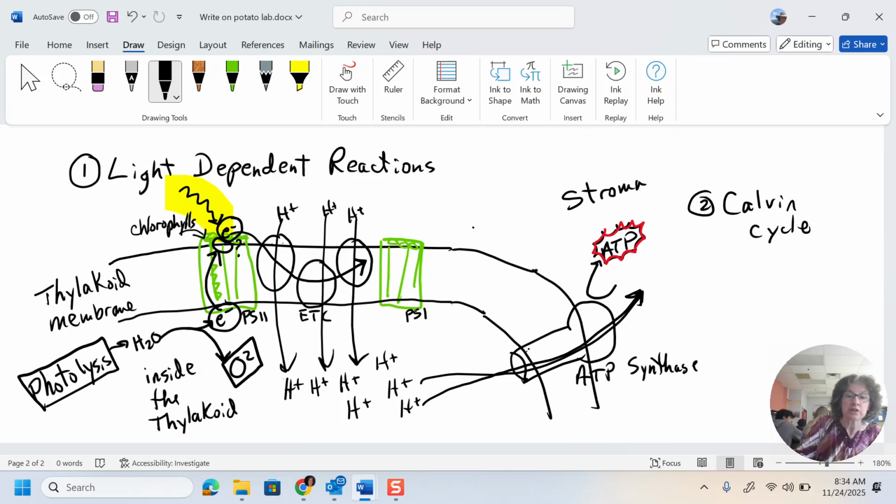Now we have this other photosystem, and the electrons have landed here, right? These electrons have landed here, and now they're sitting there waiting for what happens next. What happens next is the sun hits it and gets them re-excited. So we're going to re-excite those electrons. They're going to flow through a very short ETC again.